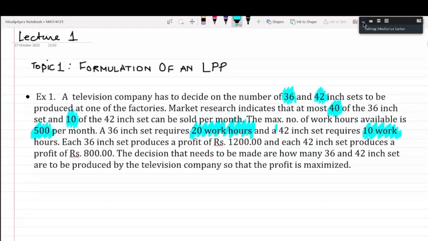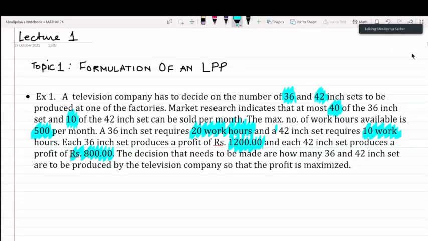And each 36 inch set produces a profit of rupees 1200, and each 42 inch set produces a profit of rupees 800. So we need to decide how many of those 36 and 42 inch sets can be produced so that we can have a maximum profit.